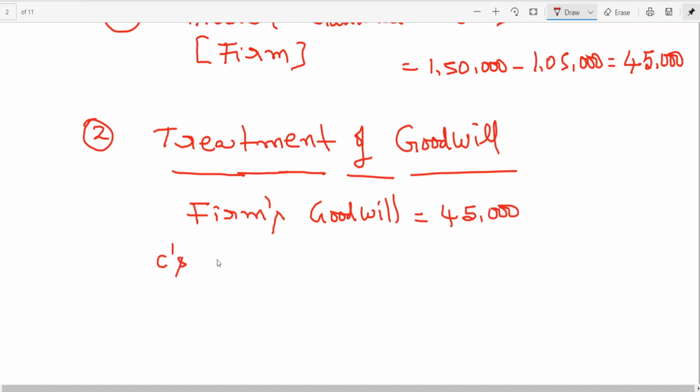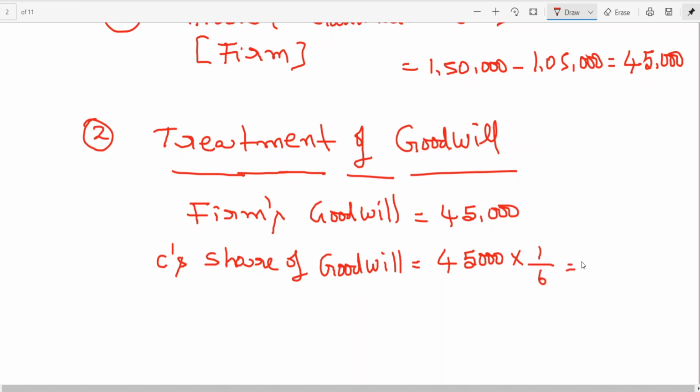C's share: 45,000 into what is his share? 1/6, no? So it is coming to 7,500.